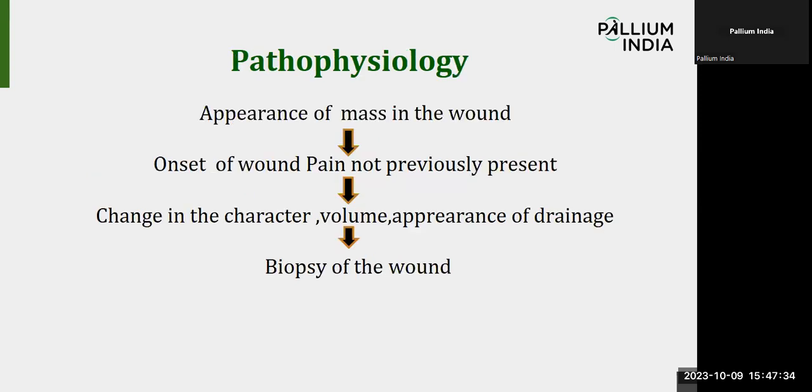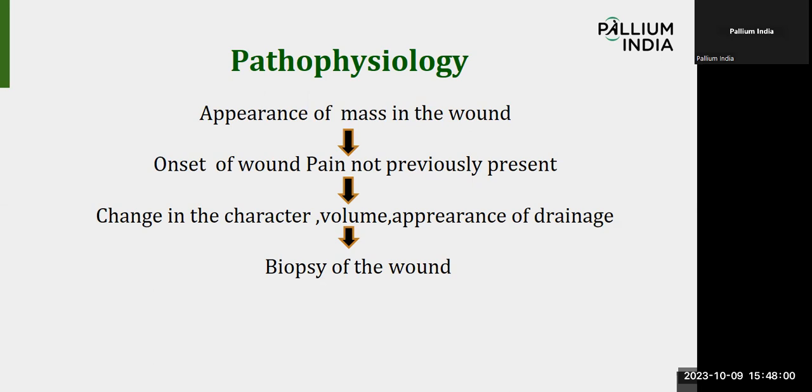So what is the pathophysiology? See, there is an appearance of a mass in the wound. Because of that mass in the wound, there will be an onset of wound pain not previously present. That means when the patient was admitted, the patient was not having any pain, but over the following weeks a mass develops in the wound, and because of that mass there is pain which was previously not present.